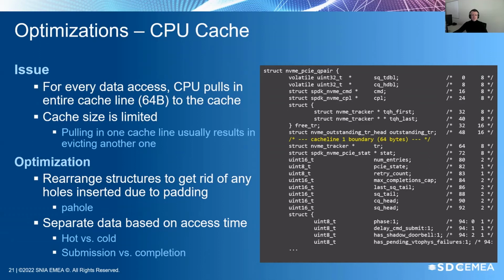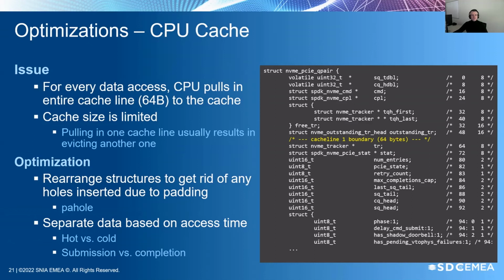Another thing that is worth doing is separating the data based on whether it's hot, meaning it's accessed very often, or cold. For instance, we can group data that is accessed during each I/O into one cache line, while moving stuff that is only accessed in case of errors to another cache line that is separate from the first one.